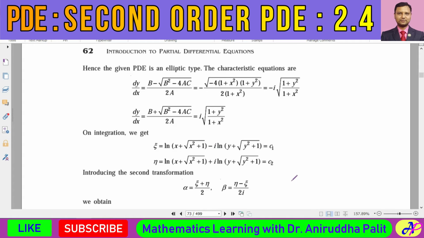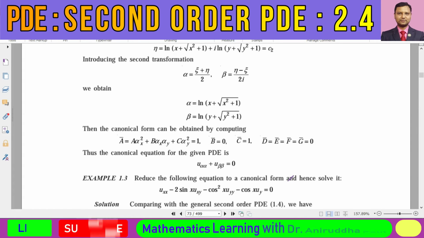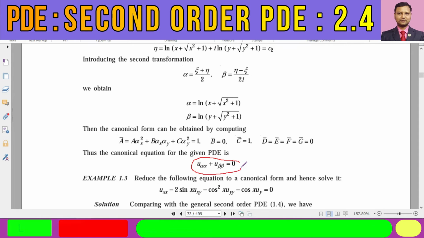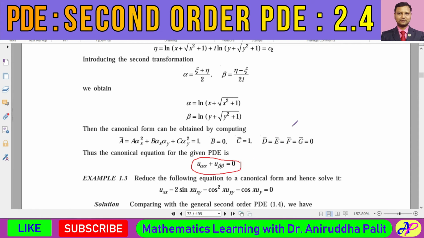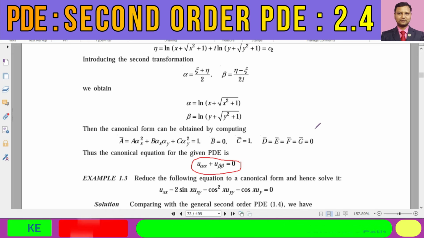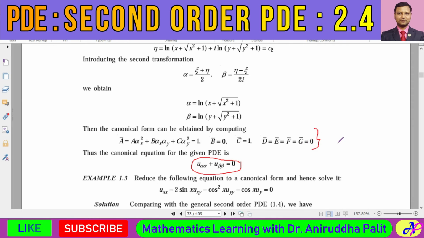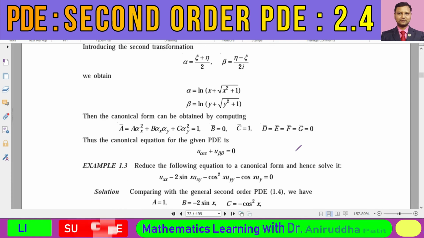So in this way, we get the transformation of alpha and beta, and finally we can compute the coefficients a bar, b bar, c bar, etc. And whenever we put these expressions of a bar, b bar, and c bar, we finally get this kind of canonical form. We will have to elaborate this portion, because these are very briefly written in this book, but you will have to elaborate at least in exam.